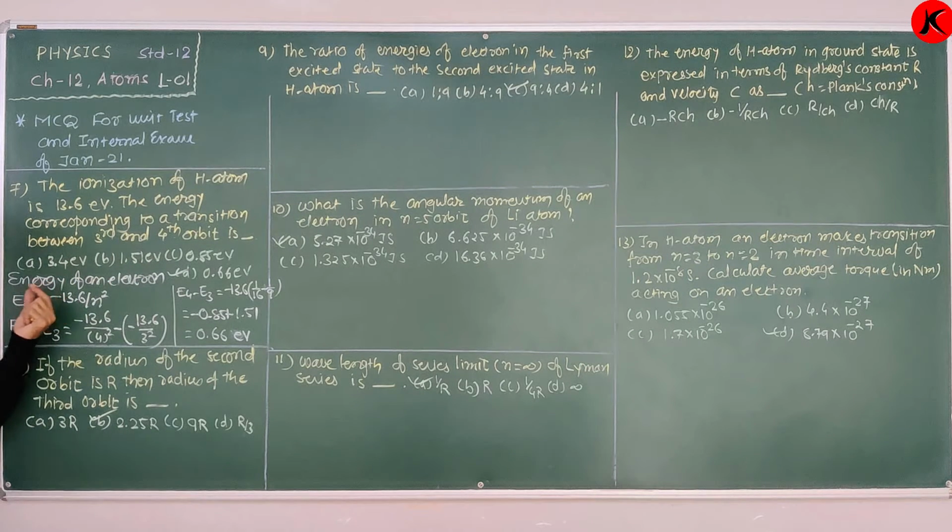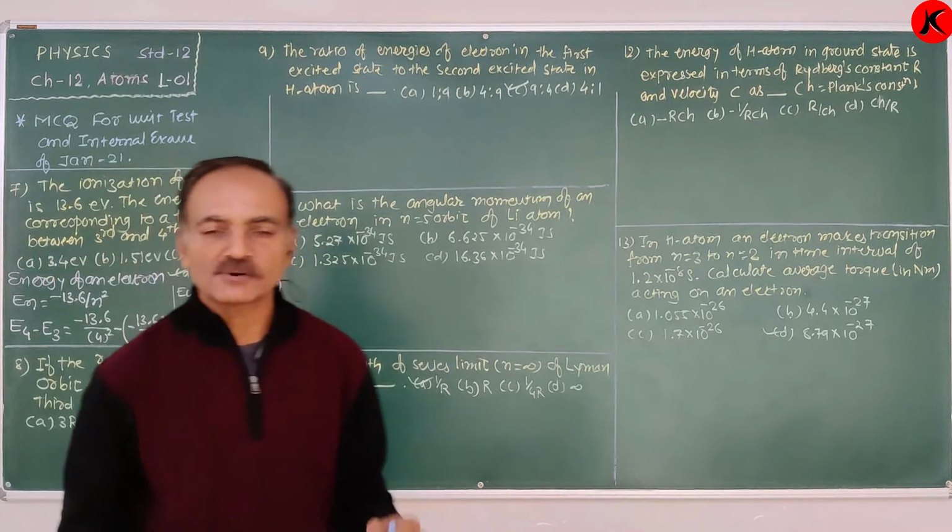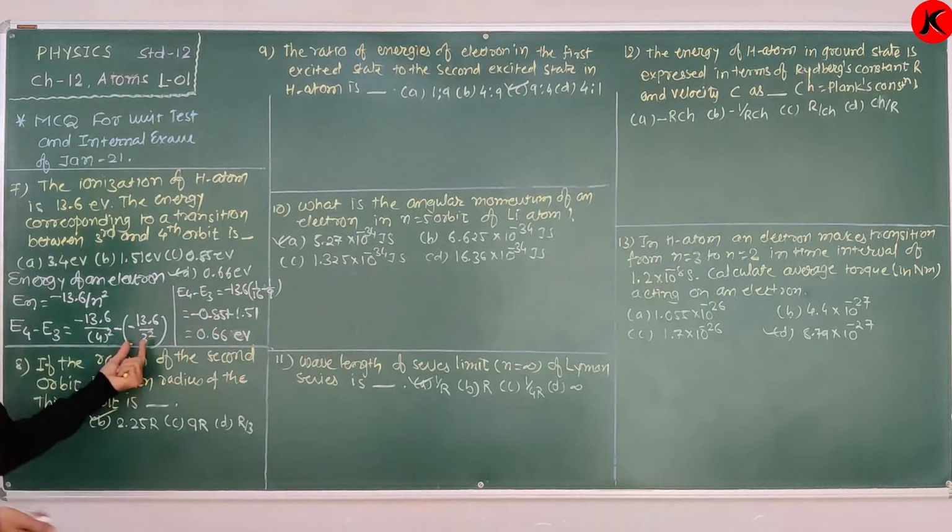For that purpose, we know the equation of the energy of an electron in nth orbit: En is equal to minus 13.6 upon n square. So the energy difference between the fourth and third orbit, E4 minus E3, is equal to minus 13.6 upon 4 square minus (minus 13.6 upon 3 square).